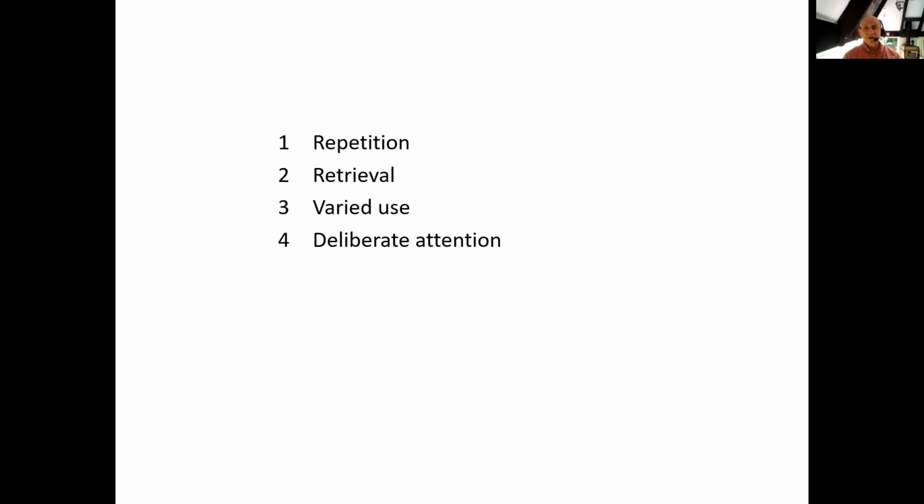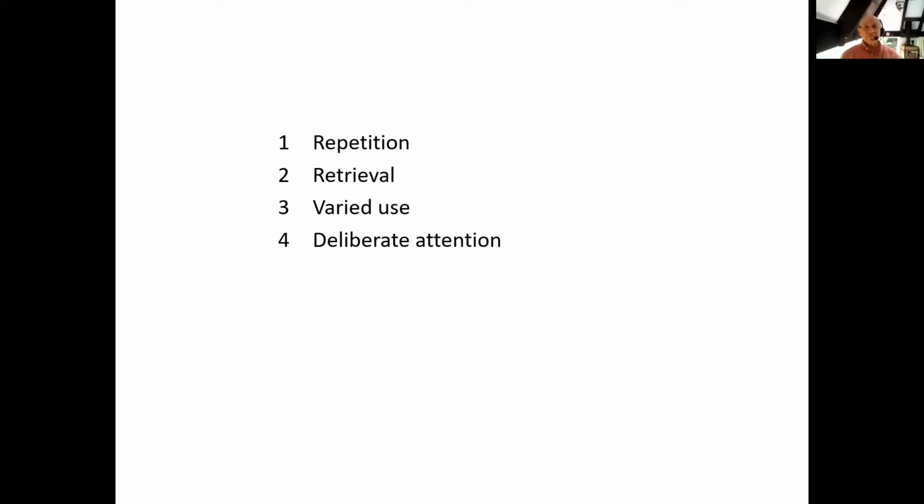The first condition is repetition. There is really no learning without repetition. There's a couple of kinds of repetition. One kind of repetition is where you keep seeing the same material over and over again under the same sort of context and under the same conditions for learning.